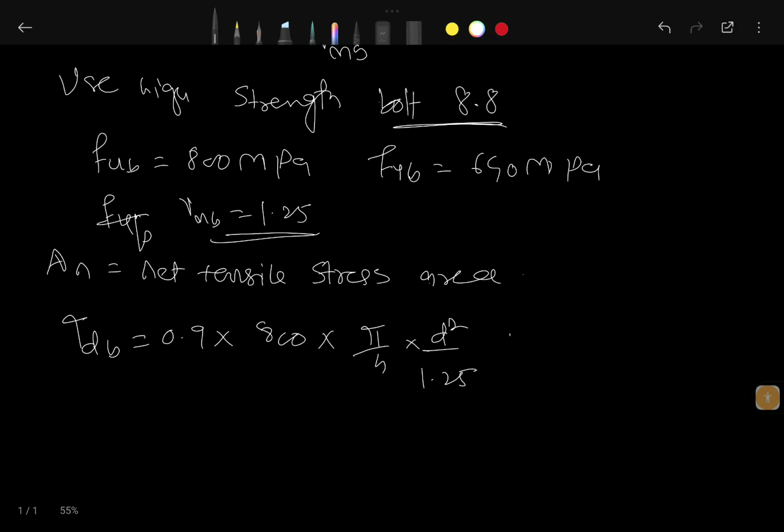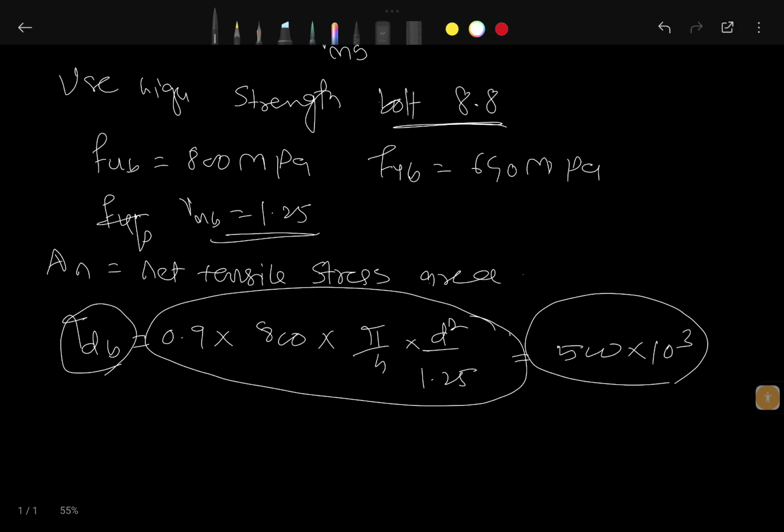So here, if we consider T_db is equal to 500 into 10 to the power 3, our net strength value will become this, and there is only one unknown, d square.